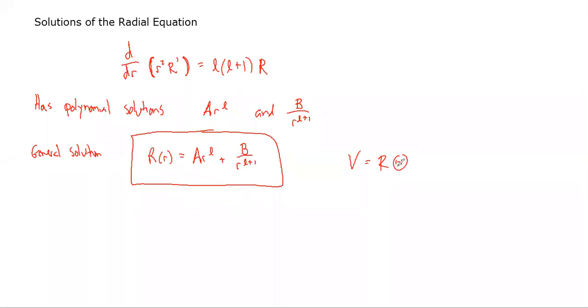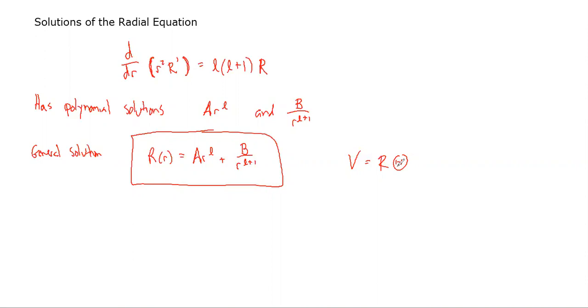If I have an infinite sheet of charged material, should I have A terms, B terms, or both? Probably A terms. If it's an infinite sheet, you wouldn't want it to decay. You wouldn't want it to blow up at one point and then shrink pretty fast away from it. Yep, perfect.